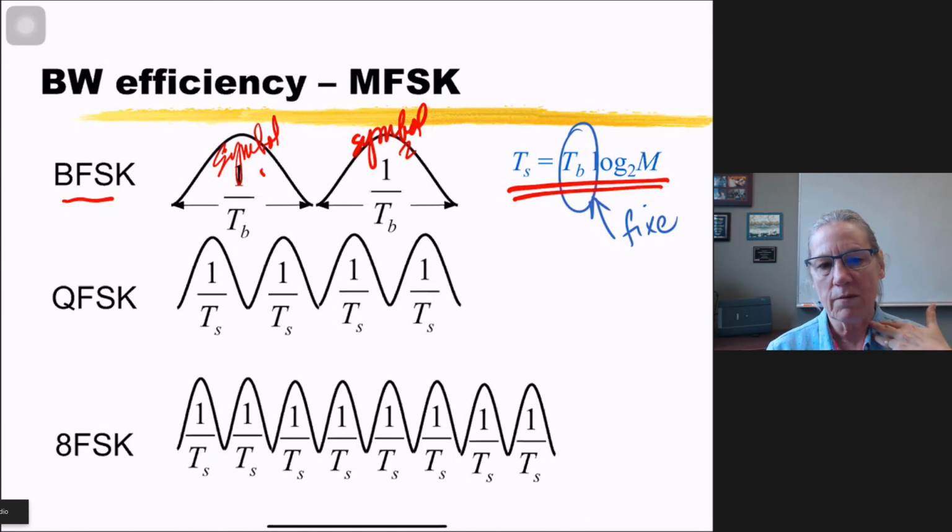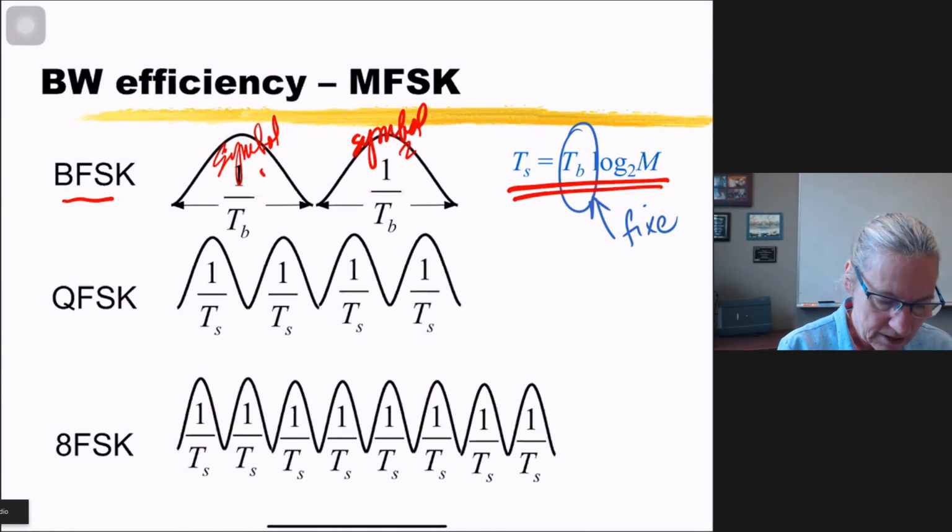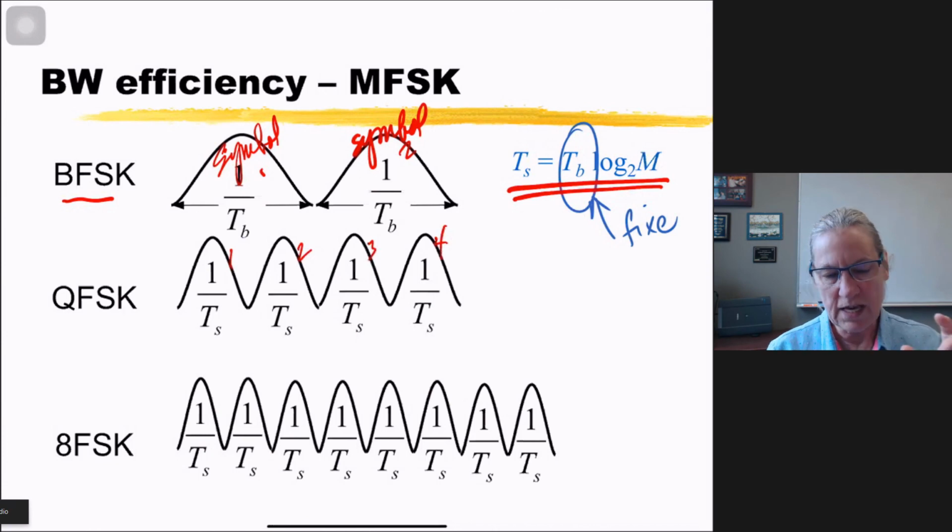Now when I go up and I want to use more bits per symbol, I'm still sending the same information rate. The rate of bits is the same. So first of all, QFSK, things look pretty good. I can see that now I have 4 symbols, but each one of the occupancies has gone down.